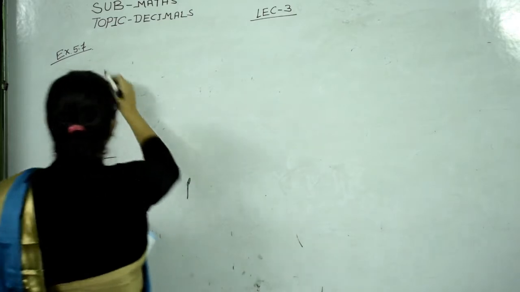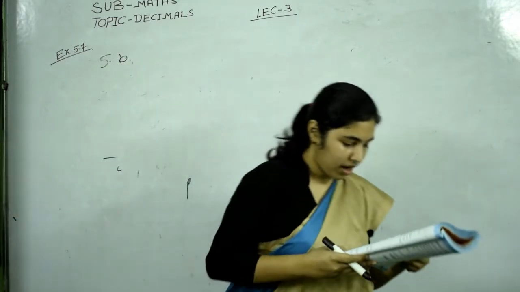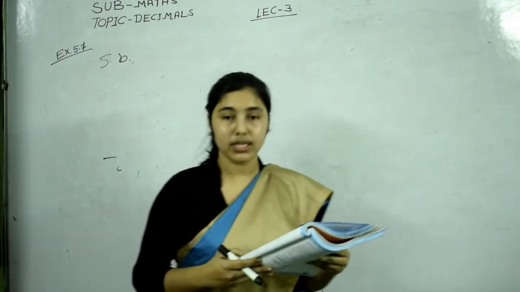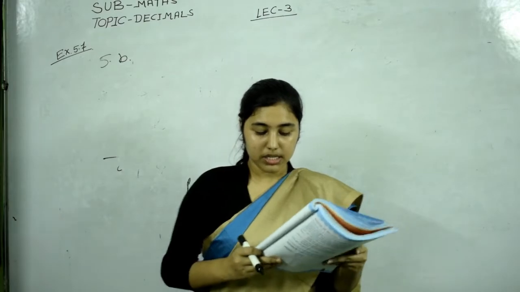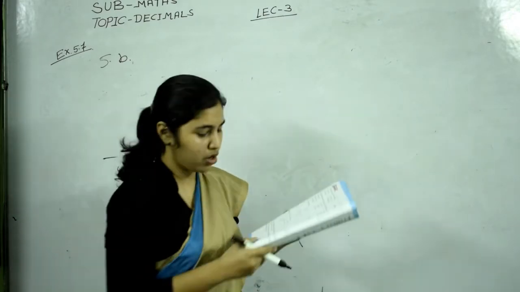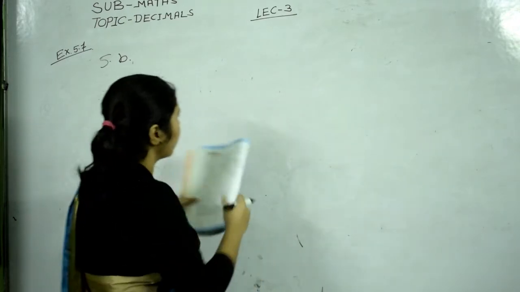Next, question number 5b. Aditya bought 3.4 kilograms of coffee that cost 6.95 rupees per kilogram. What is the meaning of this term, per kilogram?